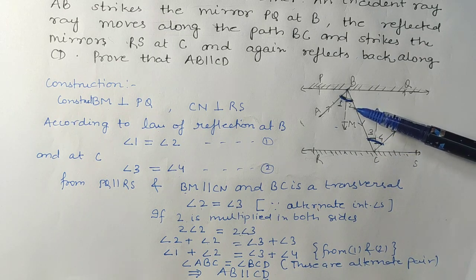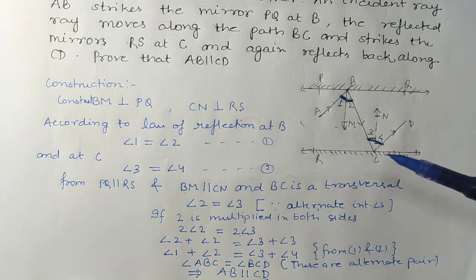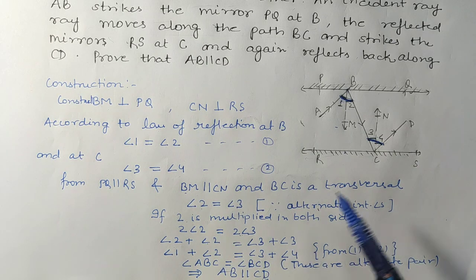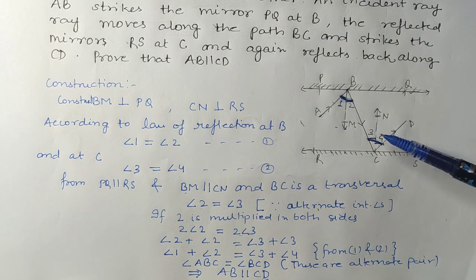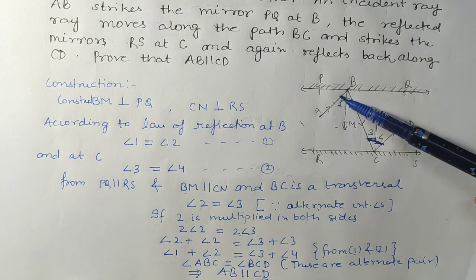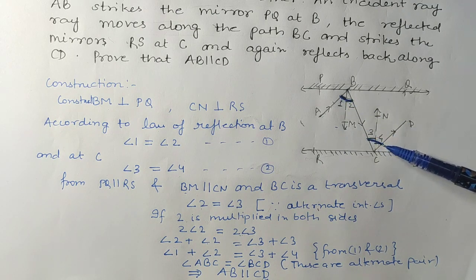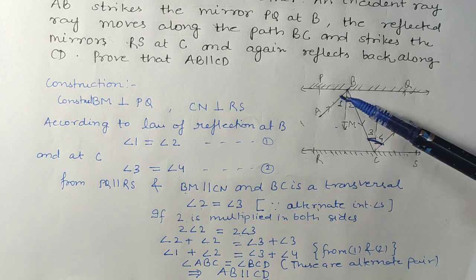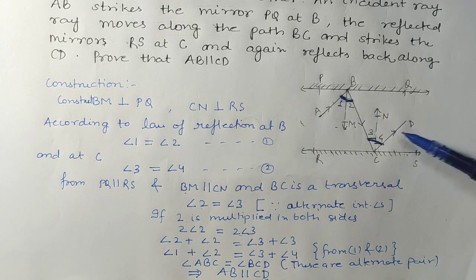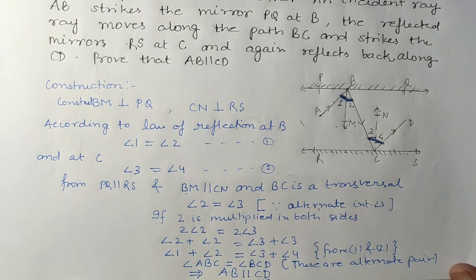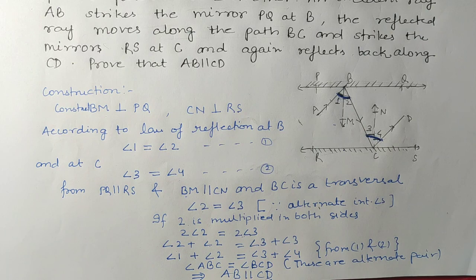Then we have shown that angle 2 is equal to angle 3. We multiplied it by 2 and wrote it in the separate form. We have shown angle 1 plus 2 is equal to angle 3 plus 4, meaning angle ABC is equal to angle BCD. And if these two angles are equal and BC is the transversal, then AB is parallel to CD. Like this we can solve the question.